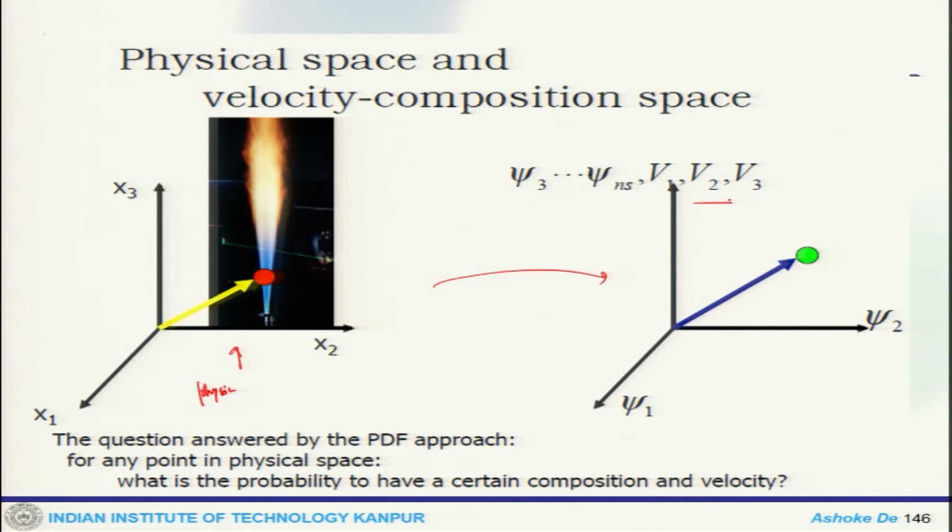They will form this sample space where we try to find the probability of having certain composition and velocity information. So, this is again a one point statistical analysis where, from the probabilistic approximation or distribution, we try to see the information availability.